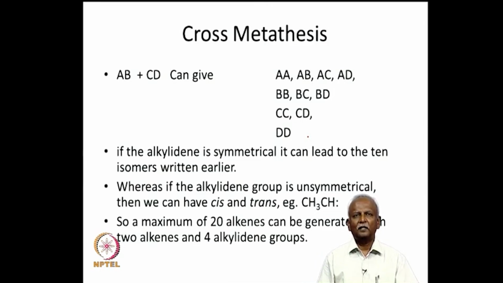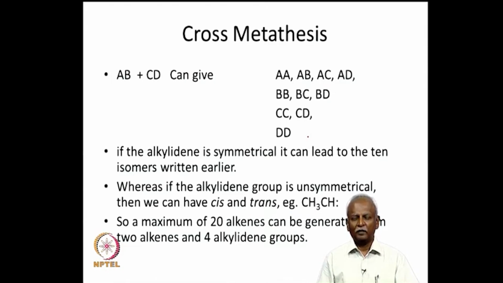Similarly, C, D is a different olefin. Now, you just imagine the metathesis reaction carried out in this case will lead to almost 10 different olefins, because the alkylidene groups, unless they have very strong electron withdrawing or donor groups on them, you will not have a major difference in the delta H of this reaction, and it goes from left to right after metathesis.